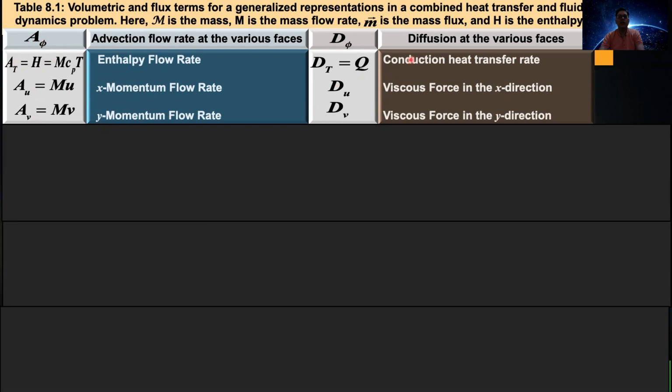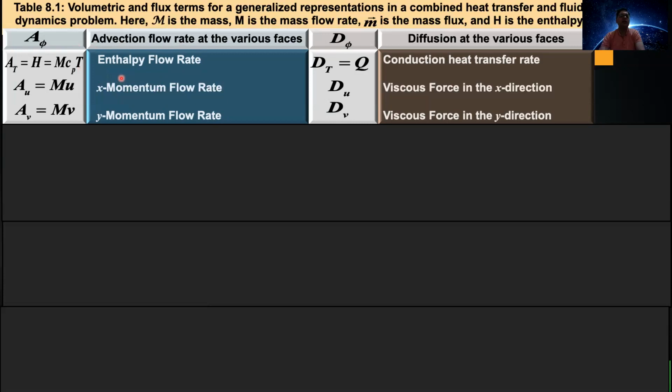Similarly, for the generalization, instead of Q, we are writing a variable D, where if this phi is T, it becomes conduction heat transfer rate. If it is U, it becomes viscous force in the x direction. If it is V, it becomes viscous force in the y direction. So now, whatever has been discussed in topic 3 on computational heat conduction and topic 4 on computational heat convection, where I had introduced the advection transport, is present in this topic.